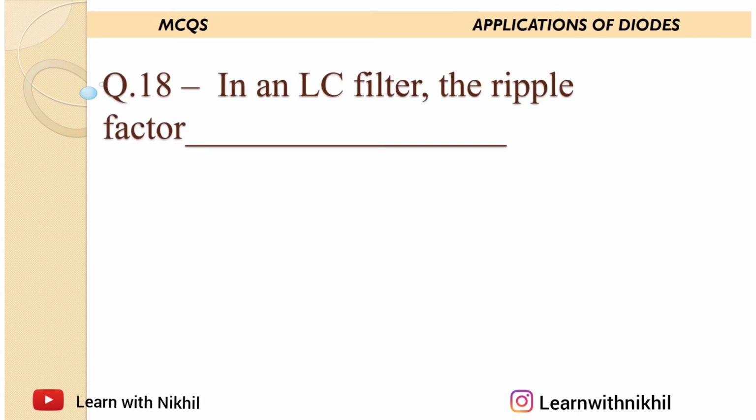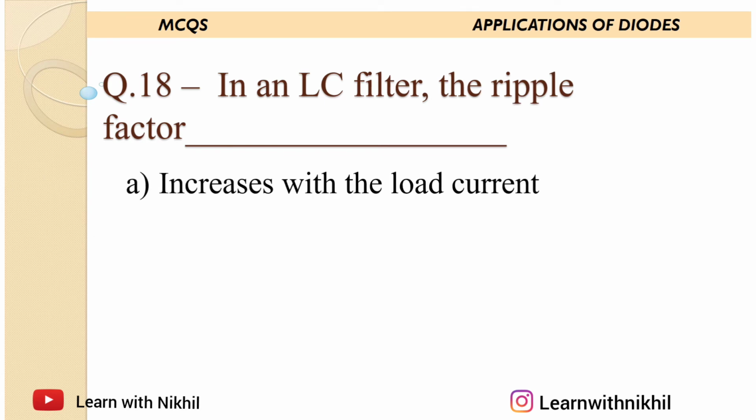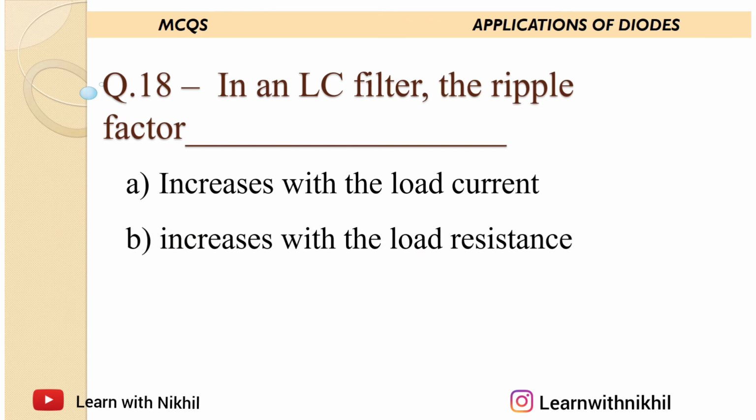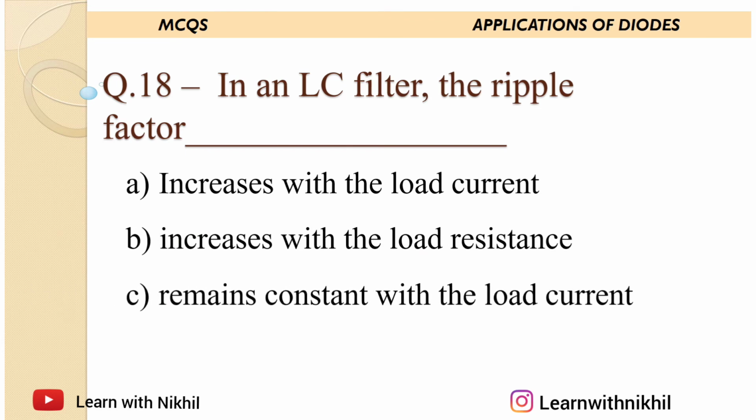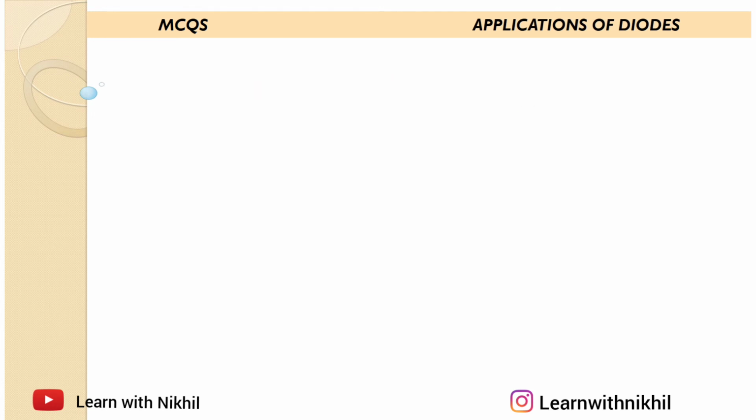In an LC filter, the ripple factor is dash. A. Increases with the load current, B. Increases with the load resistance, C. Remains constant with the load current, or D. Has the lowest value. And the right answer is remains constant with the load current.